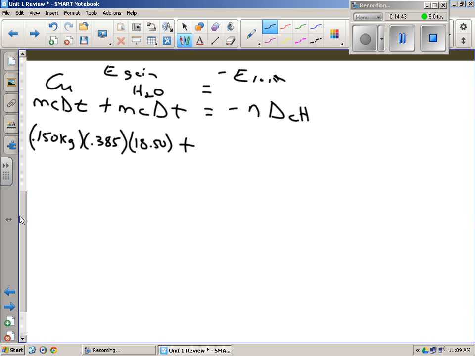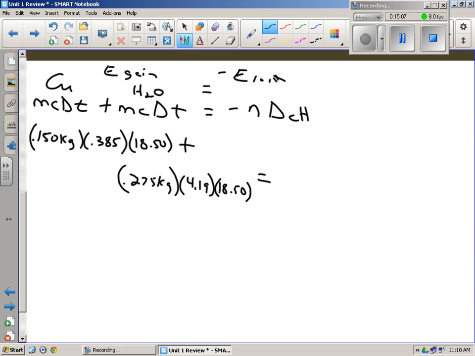The water was 275 milliliters, so 0.275 kilograms. Make sure you change it to kilograms, guys, or at least at the end if you do that somewhere, because that way you're going to get kilojoules as an answer. 4.19 is the specific heat capacity, and the temperature change, we have to assume it's the same. If we're heating up the pot 18.5, the energy is going to go to the water 18.5.